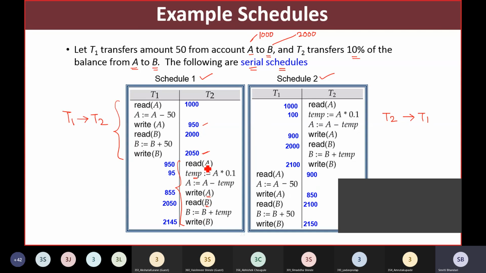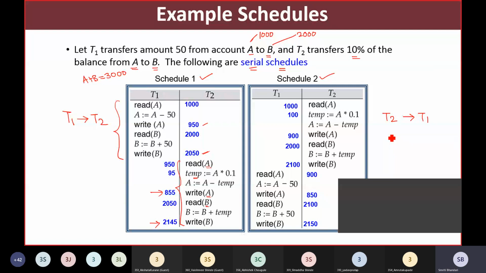Correct? Now, before execution of this transaction, the summation of A and B is 3000. After execution of this transaction, once again, the summation of A and B is 3000. Right? So obviously, the consistency requirement that A plus B is 3000 is maintained, and this is producing the consistent state of database.